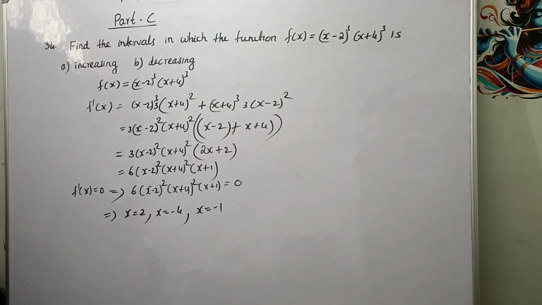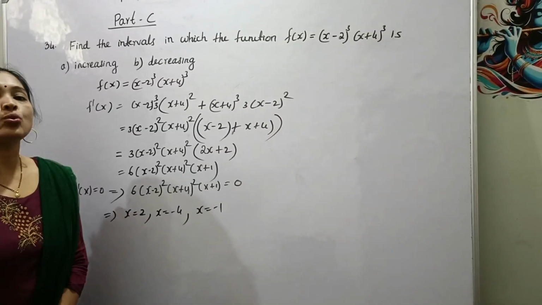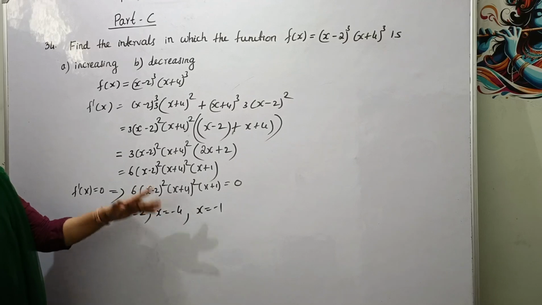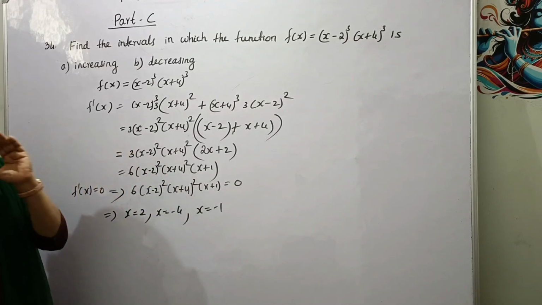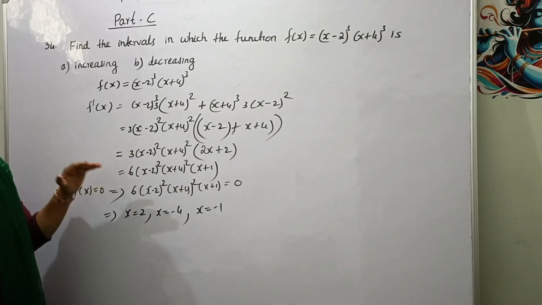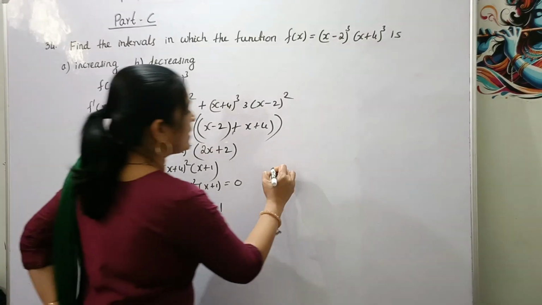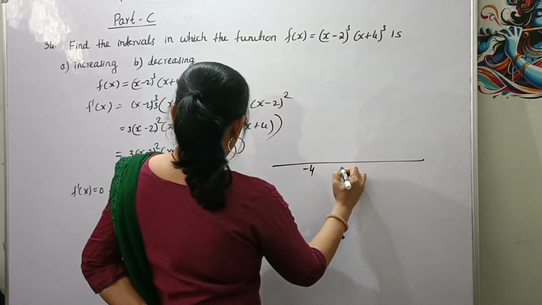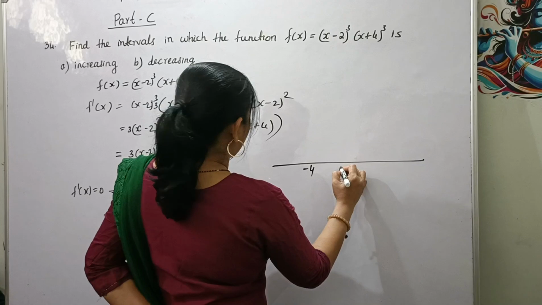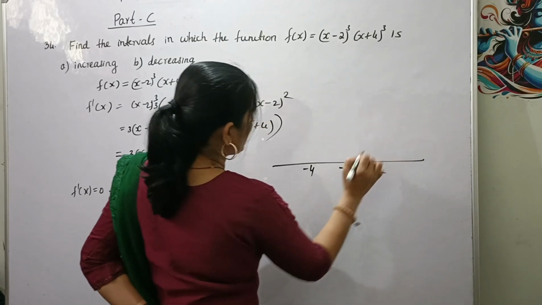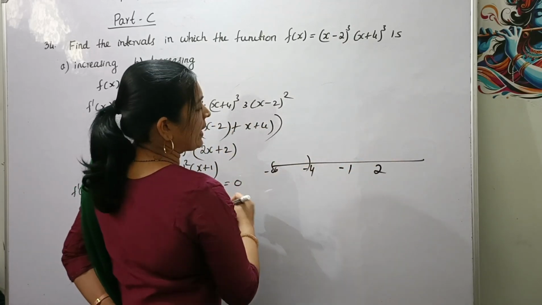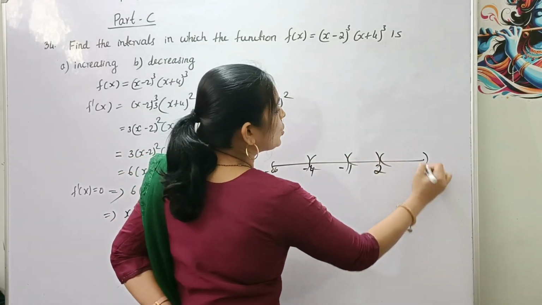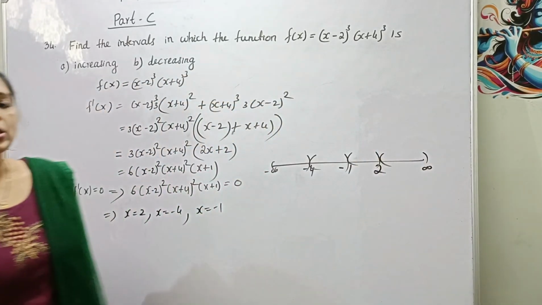So here x is equal to minus 4, minus 1, 2 are critical points, and they divide R, the real line, into disjoint open intervals. So minus infinity to minus 4, minus 4 to minus 1, minus 1 to 2, 2 to infinity. These are the intervals.